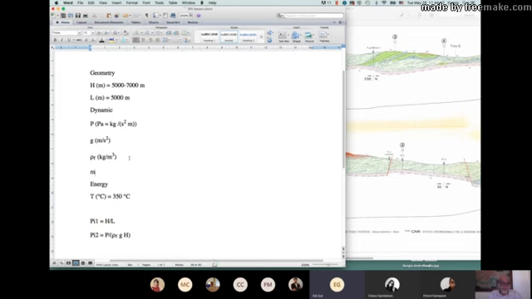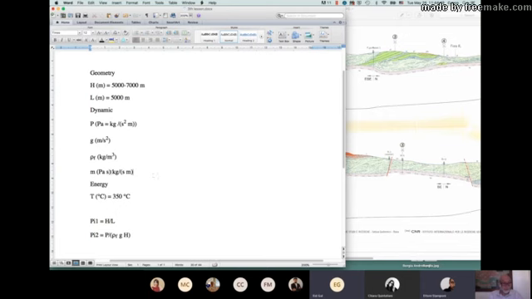So the viscosity is going to be mu, and it has dimensions of Pascal second. That is kilograms divided by meters multiplied by second.